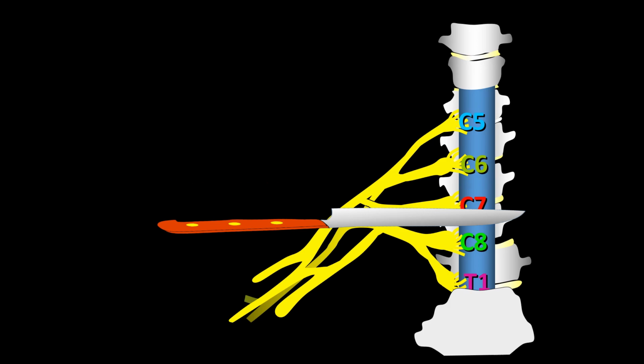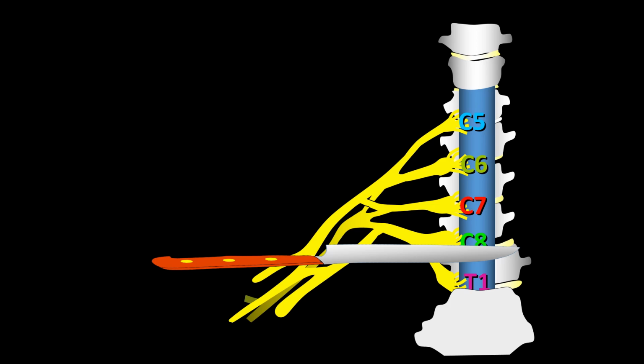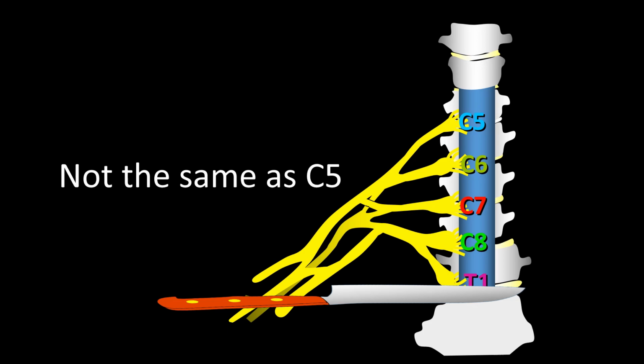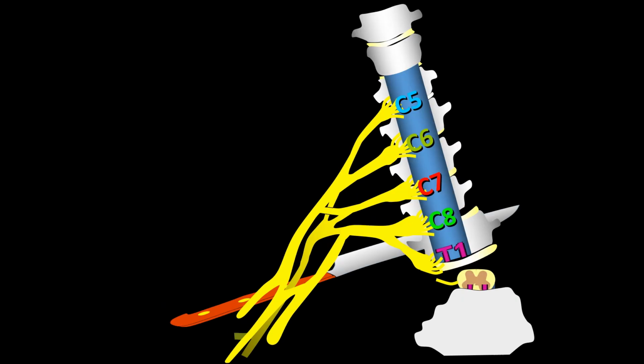Were we to do the same thing at C7, we would see the same things as when we cut through C5. At C8, the same thing, but were we to cut at the level of T1, we would not see the same as we did when we looked at C5, as I will show you in the next frame.